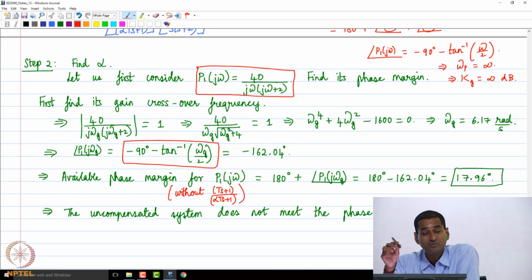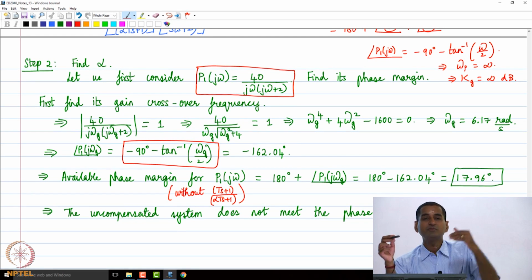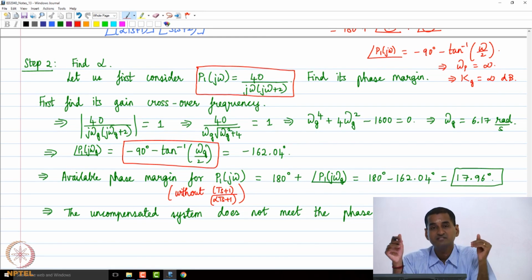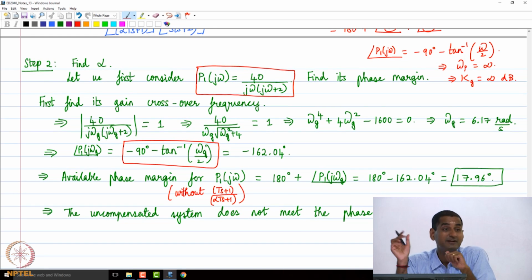The slope of the log magnitude curve will go like minus 20 times n minus m decibels per decade, which we have already seen. So, the magnitude of P1 j omega goes to minus infinity decibels as omega tends to infinity, and gain margin in decibels is the negative of that. So, gain margin tends to plus infinity.